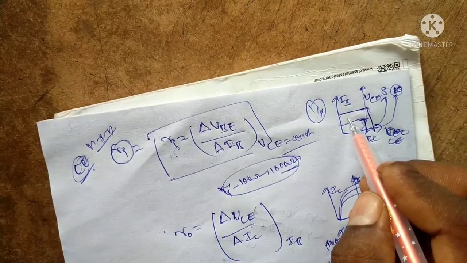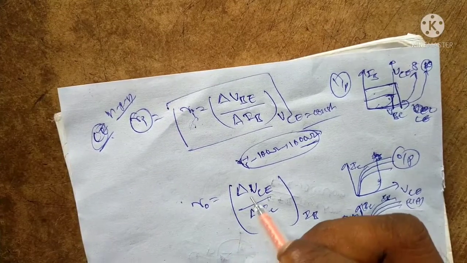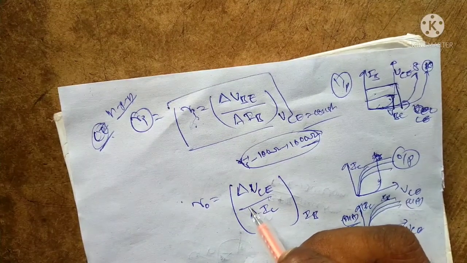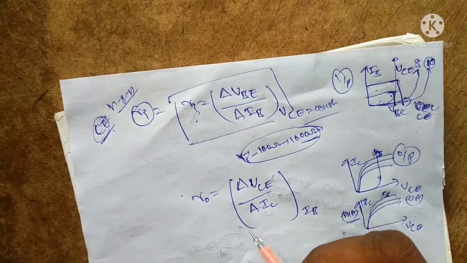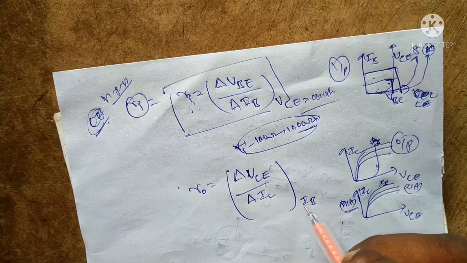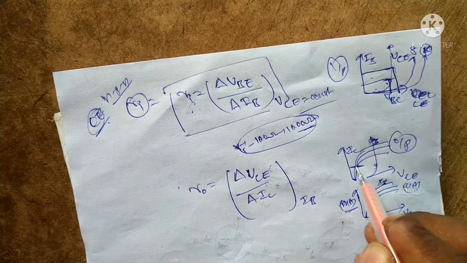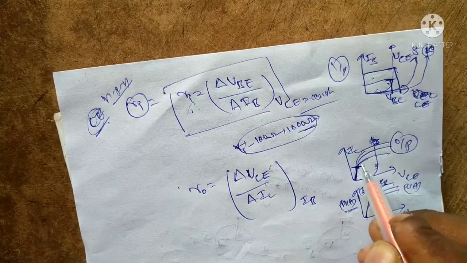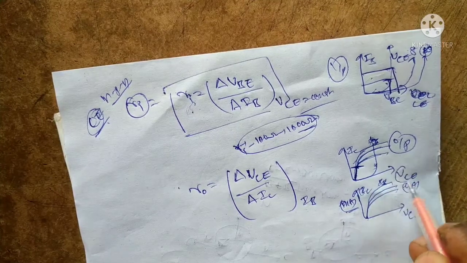The output resistance is the ratio of change in collector emitter voltage to collector current at constant base current. It changes linearly up to a certain region, then there is no change, and after that it increases. That is what was explained here.